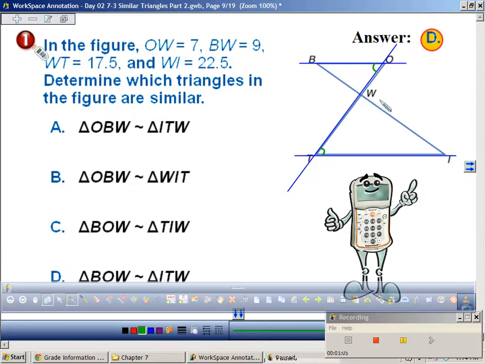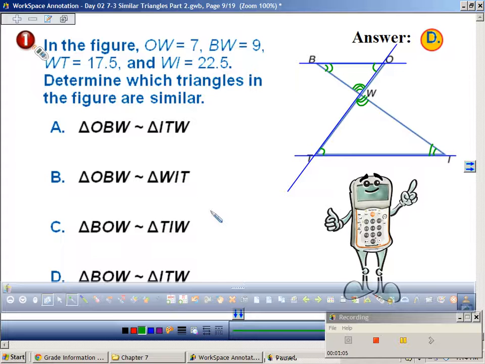And if this were the transversal, that would make this angle congruent with that angle. Correct? And the vertical angles we know are congruent. Good.